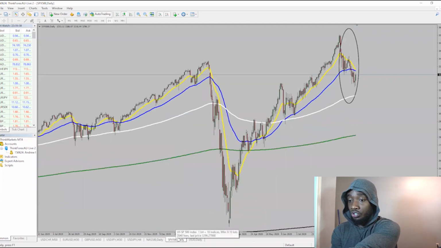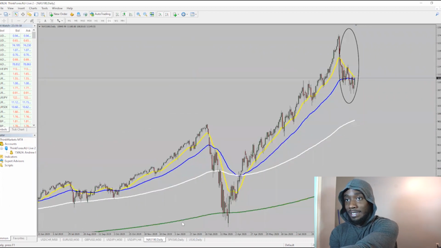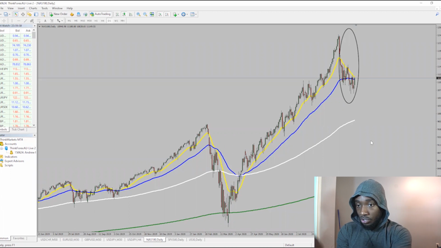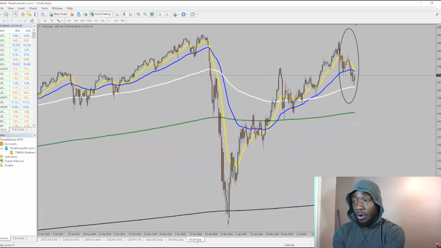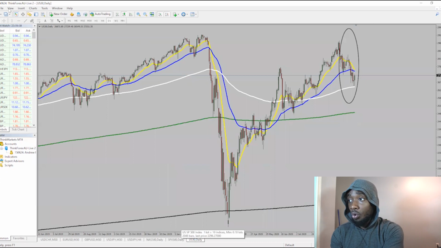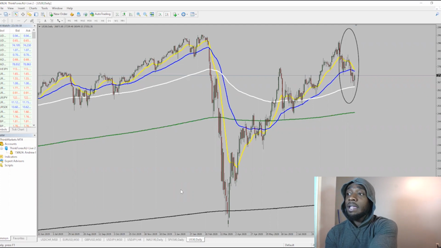If you look at where my 200 EMA is on the US30, it's the same thing with the NAS100. They're all trading under the 50. That's my 50, the blue line. They're all trading under the 50. Okay, when prior to, they weren't doing that. The only difference is on the Dow, on the US30, is that the 200 EMA is hanging out under there.